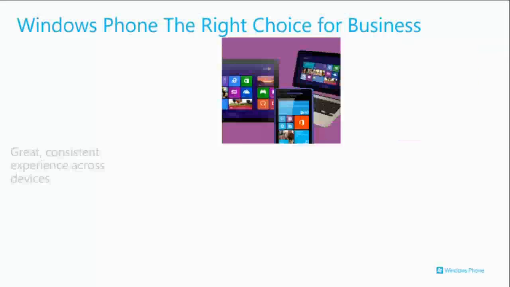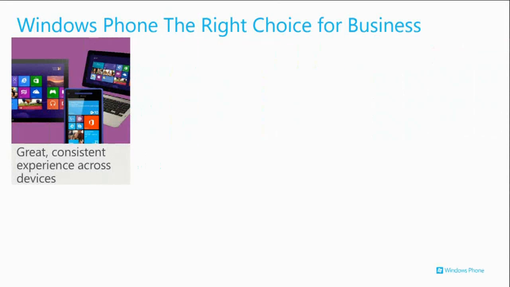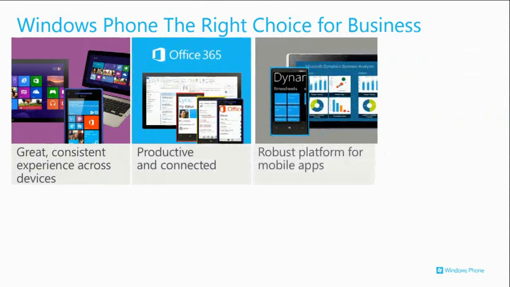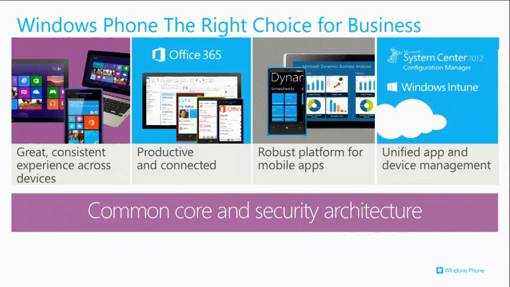Now, this slide has been coming across in each and every Windows Phone presentation. So by now, if this is the first time you see this slide, you missed a lot of pretty good presentations already. If it's not the first time, then I'm not going to spend too much time talking about it. Yes, Windows Phone is a great phone for business.